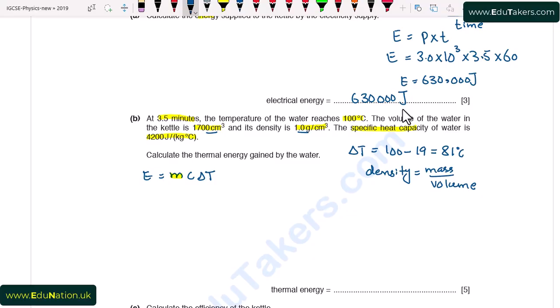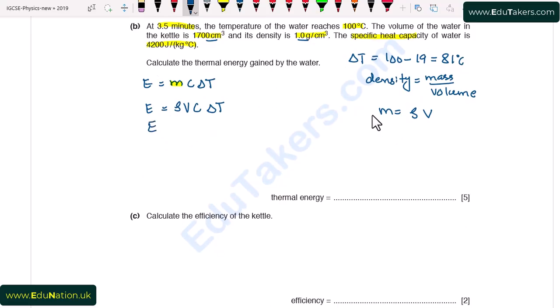And we have to find the value of mass. Mass will be equal to rho times V, where rho is density and V is volume. So I write here energy is equal to rho V c delta T. Now I am going to put values here.